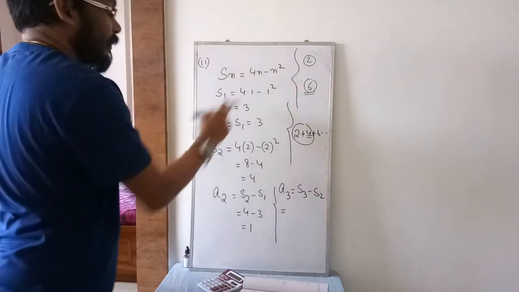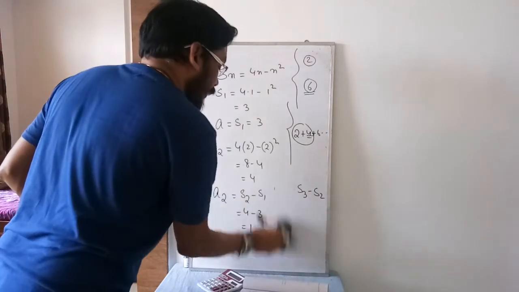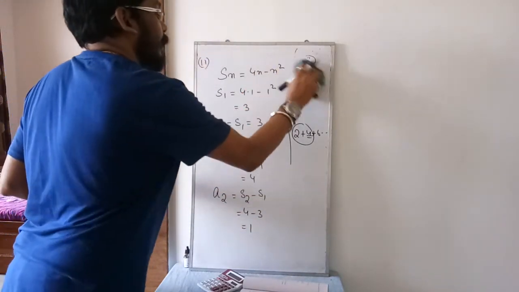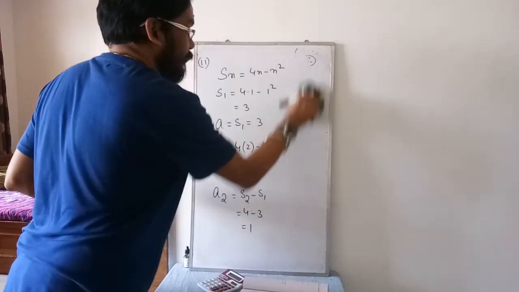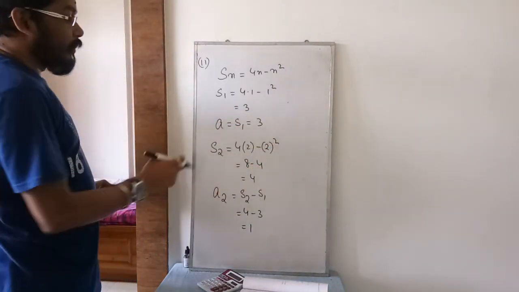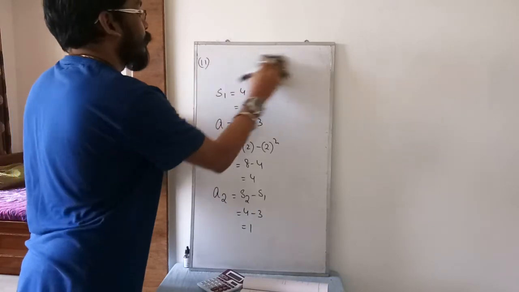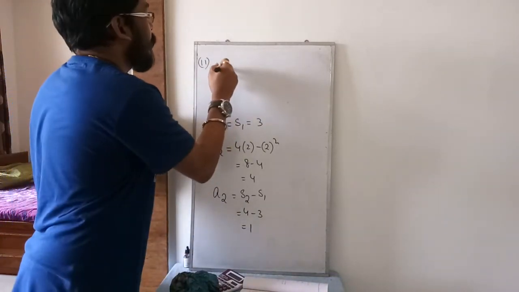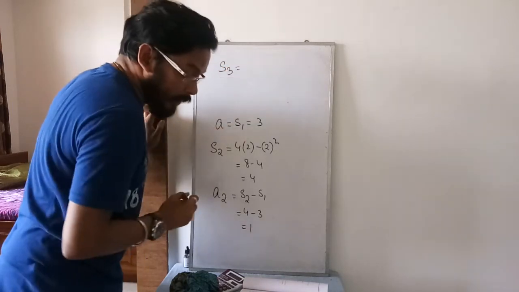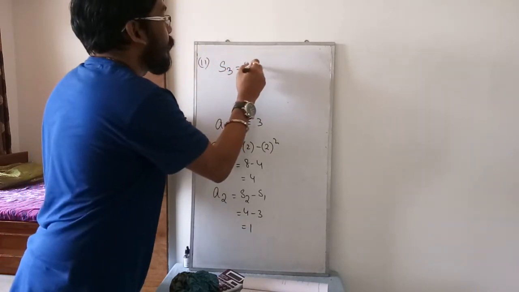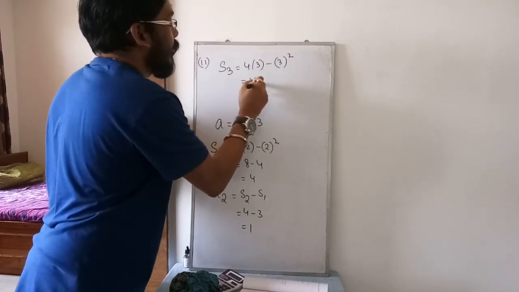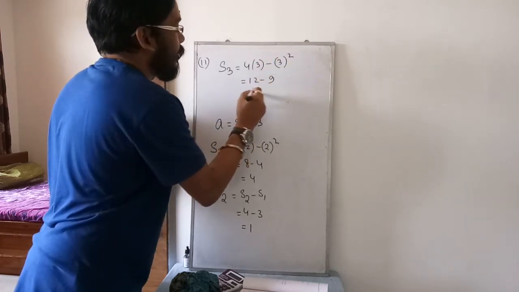Before finding A3, let me rub the upper part and find S3. We know the Sn, so S3 will be 4 into 3 minus 3 square. 4 into 3 is 12, 12 minus 9, it is 3.